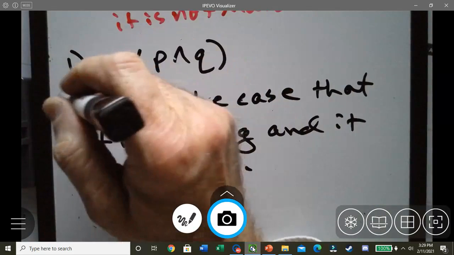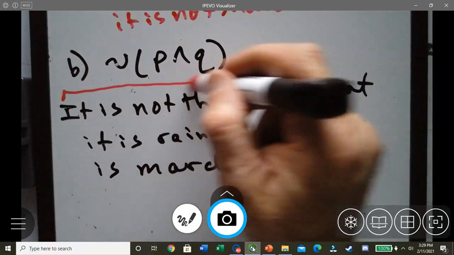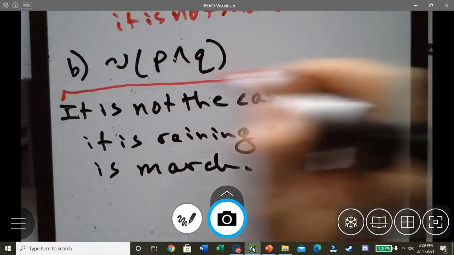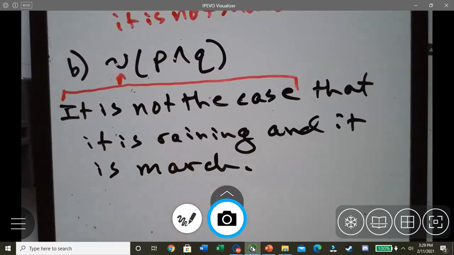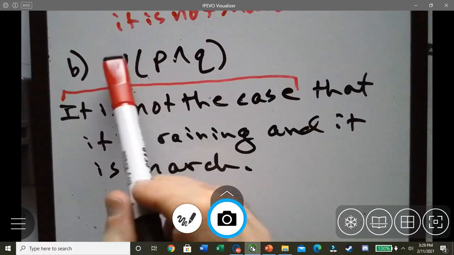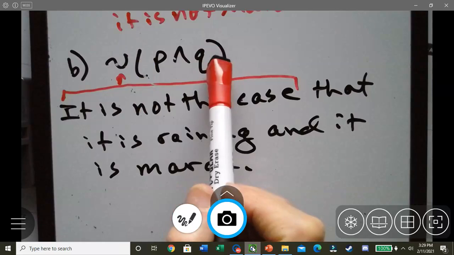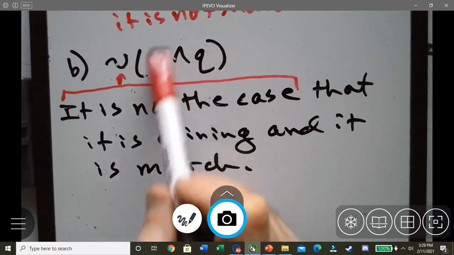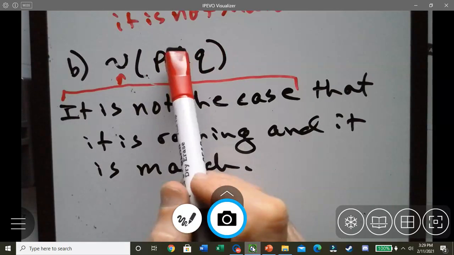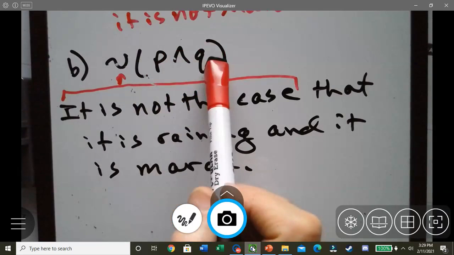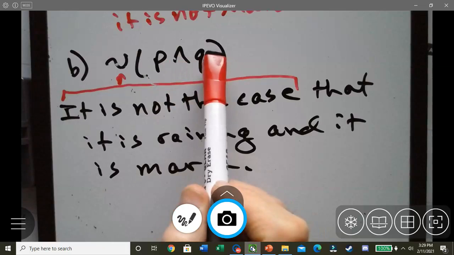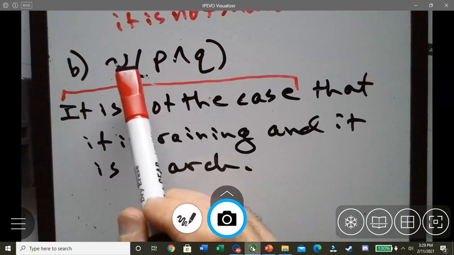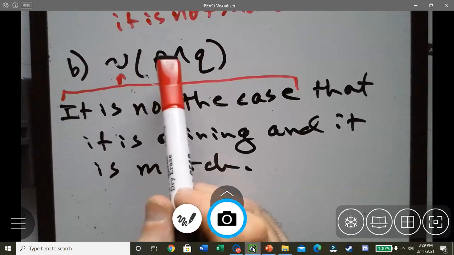So anytime you see that tilde outside of the parentheses, you're going to use it is not the case. It's just when the not symbol is outside of the parentheses, because first you're applying what's inside the parentheses, P and Q. So P and Q, let's say, are true. Then the not symbol would make it false.